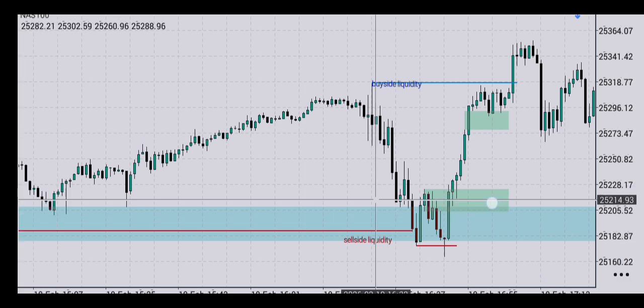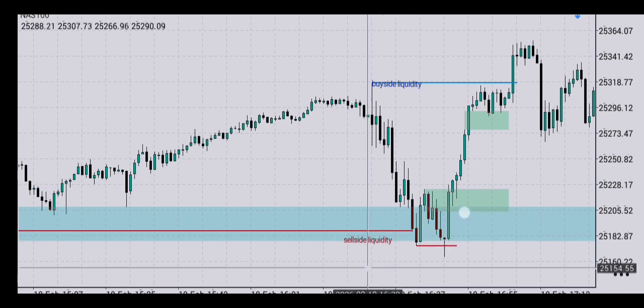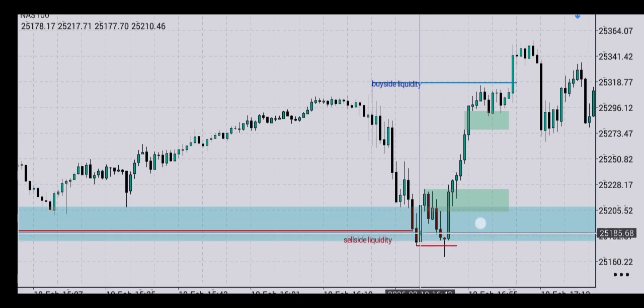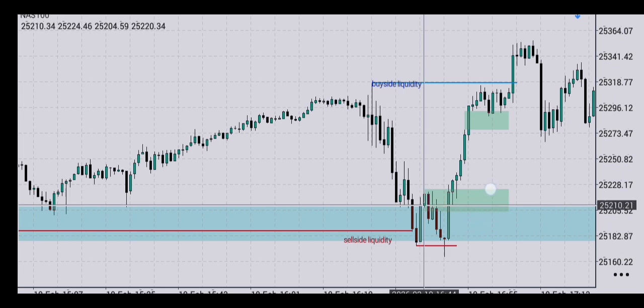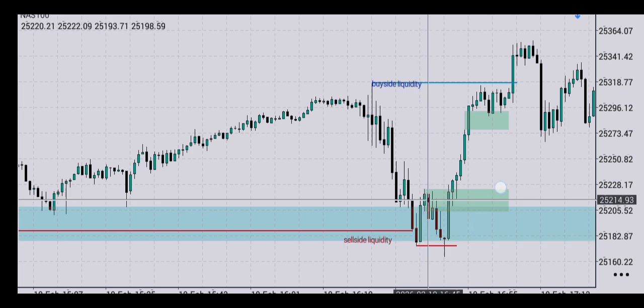After we opened up at 9:30, this is the 9:30 candle, we opened up, swept sell side liquidity, and immediately I was looking at these two consecutive up close candles. I'm looking at them to potentially act as a breaker block.